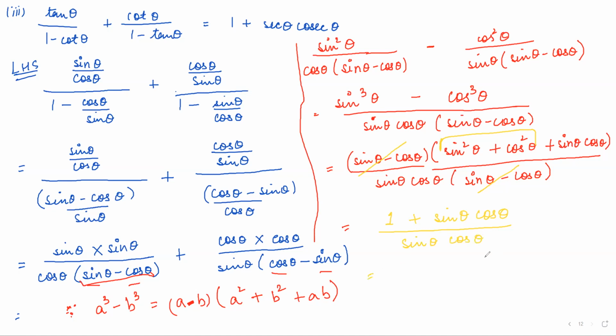Now I'm just splitting my denominator. So it becomes 1 upon sine theta cos theta plus sine theta cos theta divided by sine theta cos theta, so this actually cancels out. And 1 upon sine theta becomes your cosec theta, and 1 upon cos theta will become your sec theta, and plus 1. So that is your RHS.